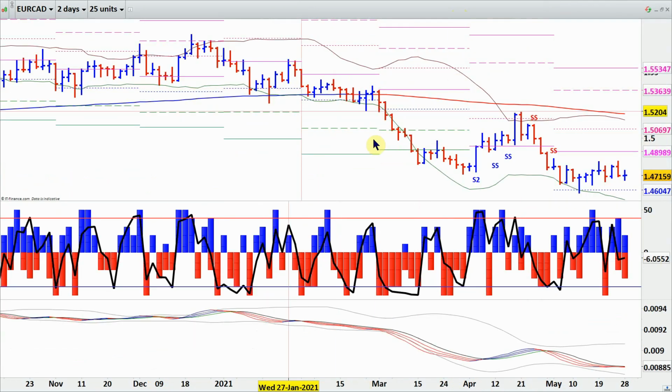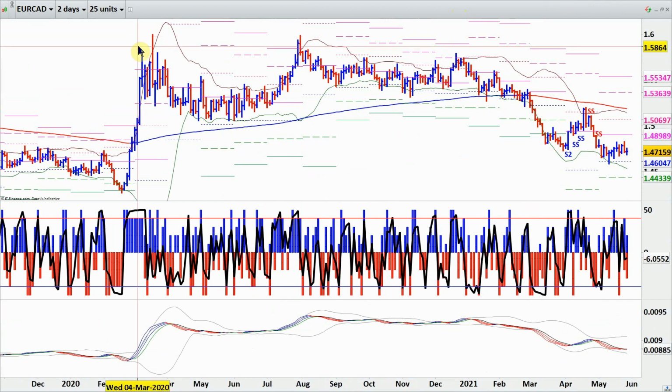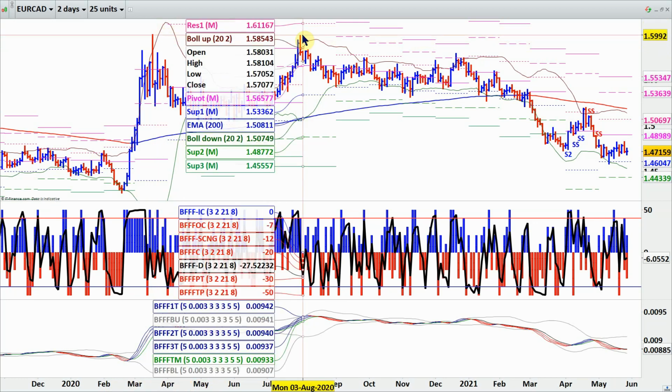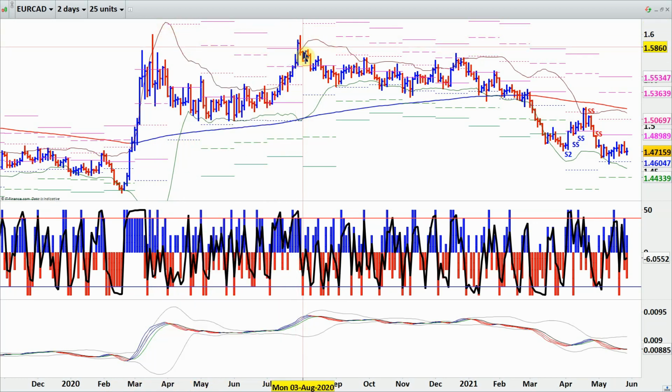Yes, this is a downtrending market from this double top almost. Probably a B class double top, and then overbought in the form of Bollinger. So this is a downtrending market starting from here, which is July 2020 till date.